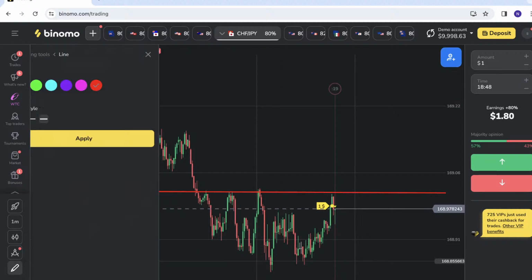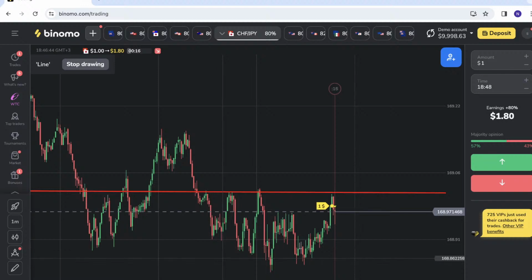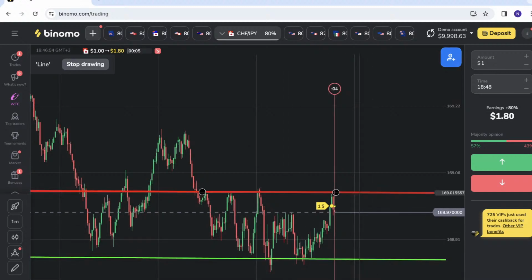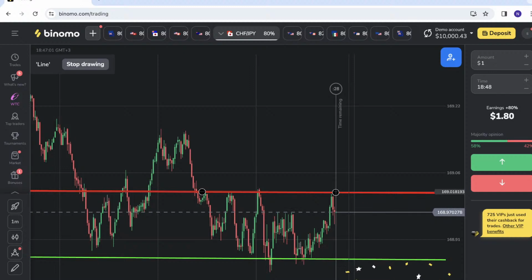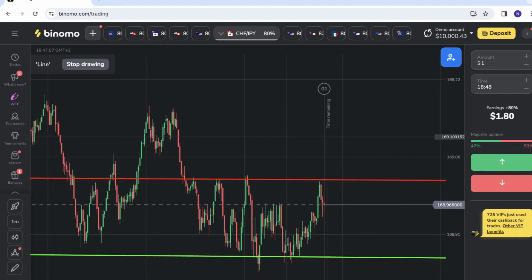I will choose the green one for the support line, and I will open our new support line here. So my trading will go in these periods: support line and resistance line. At the minimum point I was drawing our support line, at the maximum point I was drawing my resistance line. So as you can see, guys, the first trade was successful, and our resistance and support lines worked very good.